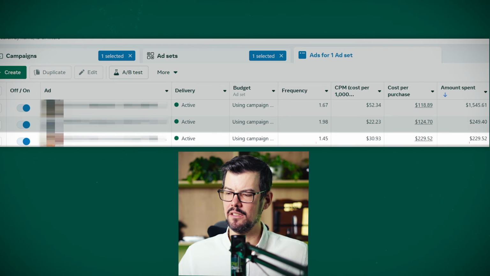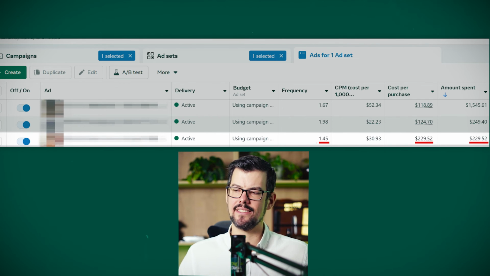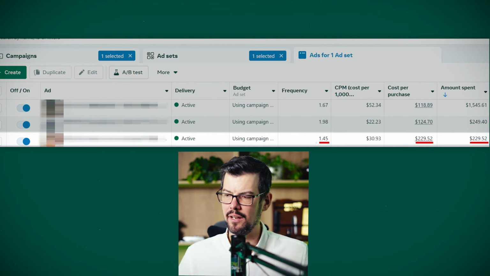Ad 3 has low spend, low frequency, and a high CPA. That tells us it's a cold ad that isn't converting. It's safe to turn off and replace with a new cold ad that has perhaps a better hook and just generally stronger creative. None of these ads are a clear bottom of funnel winner.